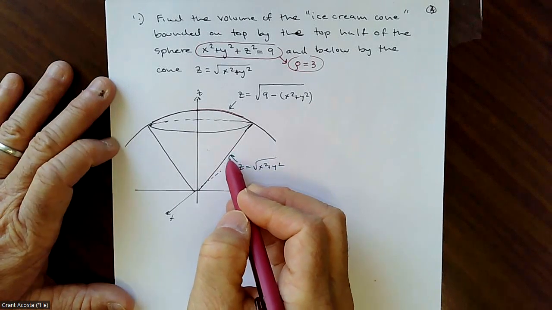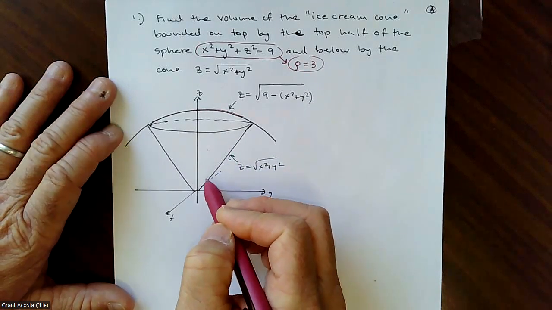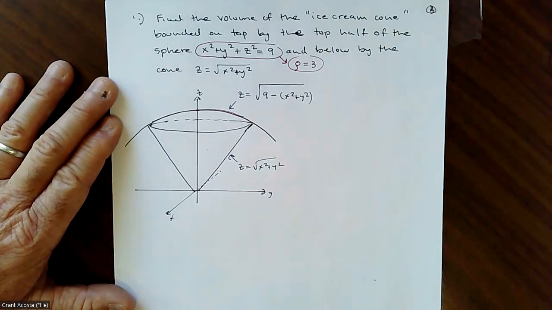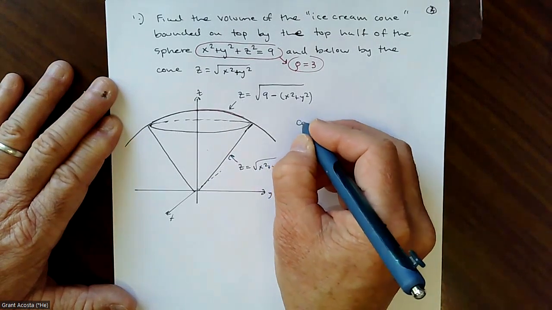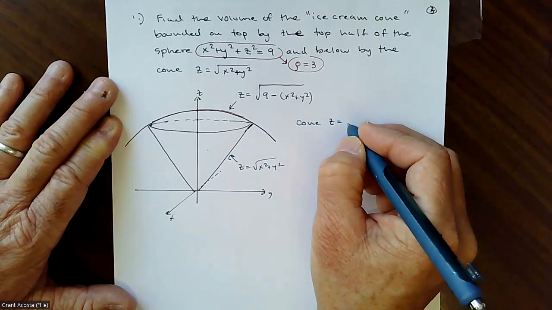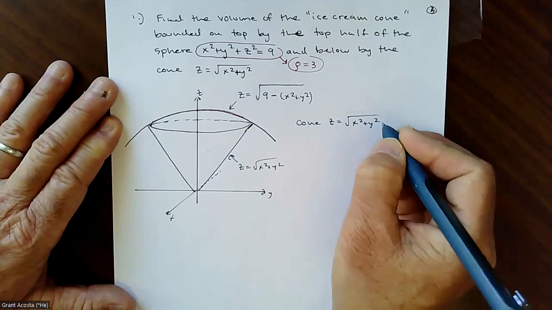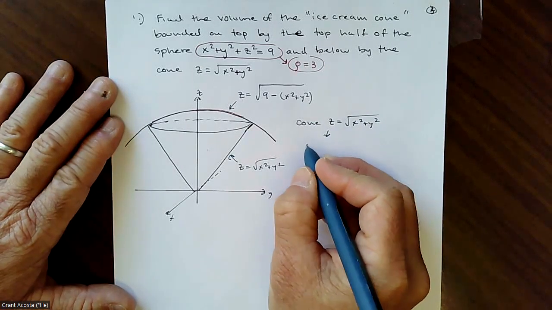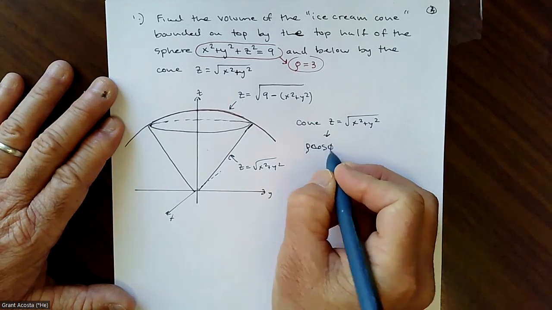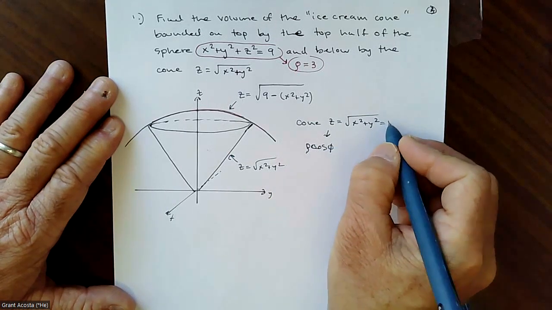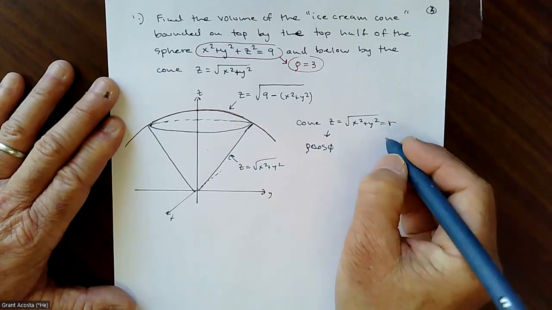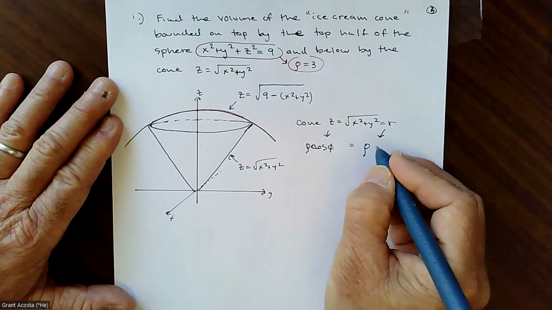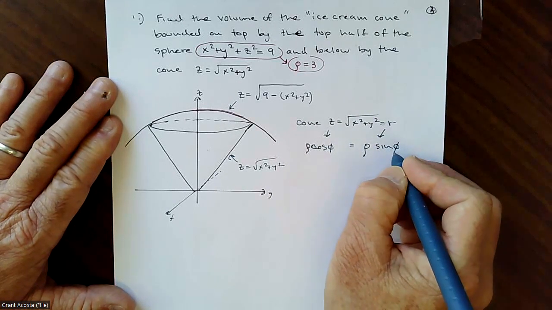Now, similarly, a way I can describe this cone is, if my cone shape is z equals the square root of x squared plus y squared, if I put my conversions in, recall the conversion for z was rho cosine phi, and r in spherical coordinates, we decided, was rho sine phi.